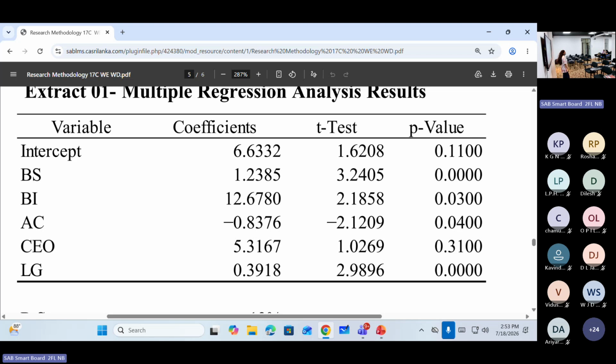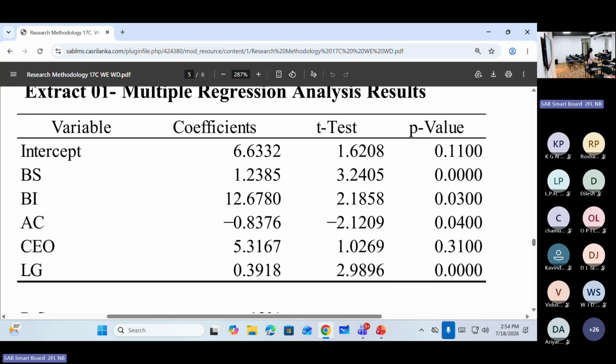What does beta 1 explain? If you change board size by 1 unit, financial performance will change by 1.2385 times.